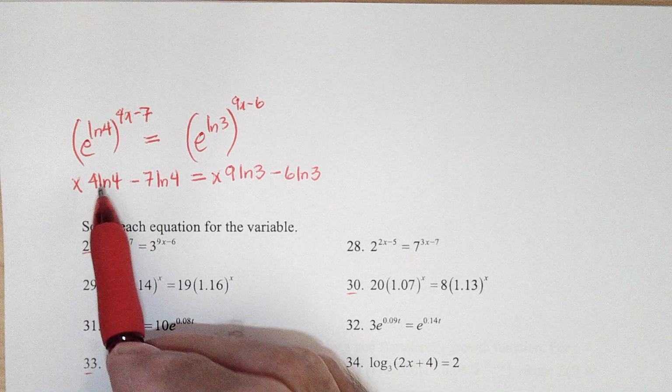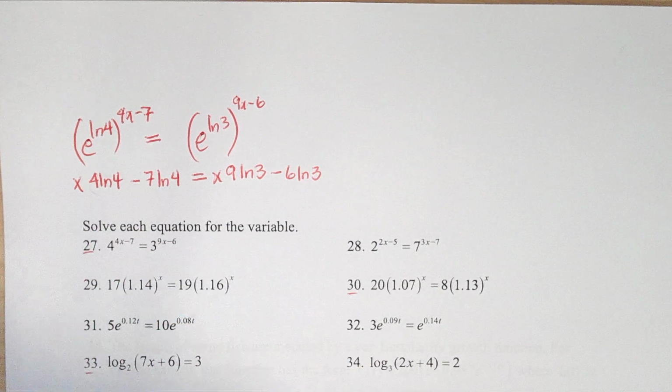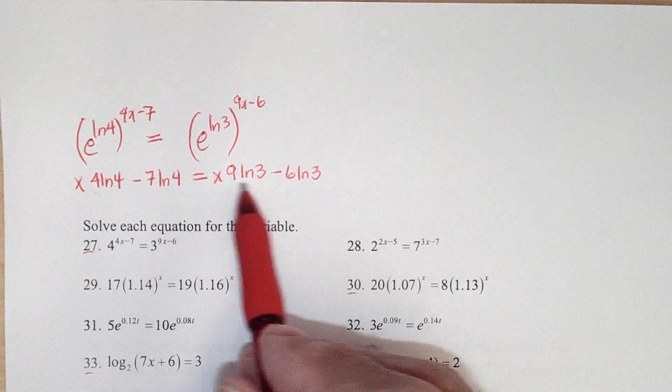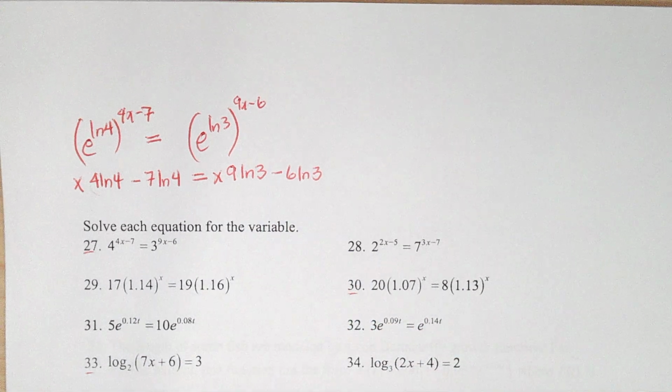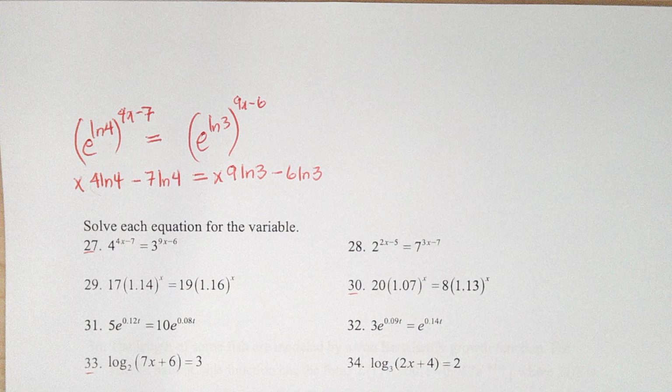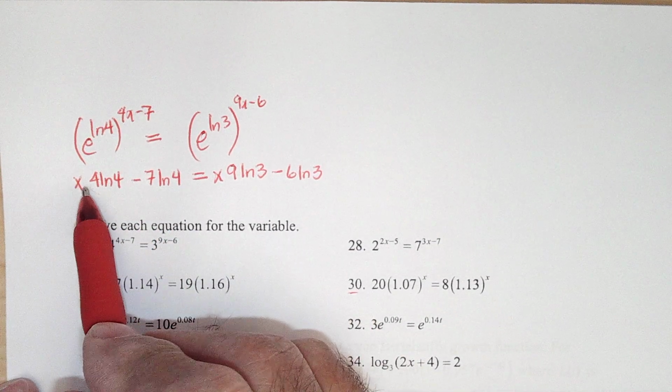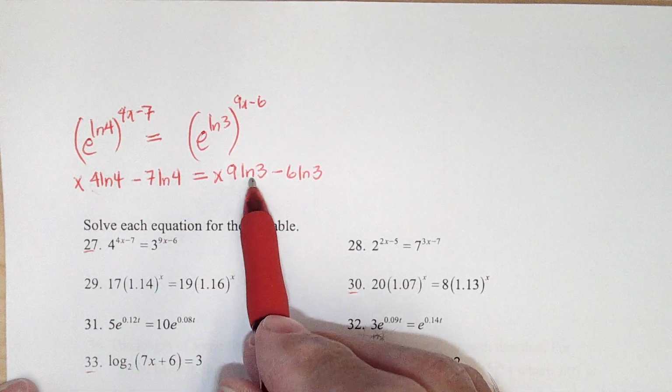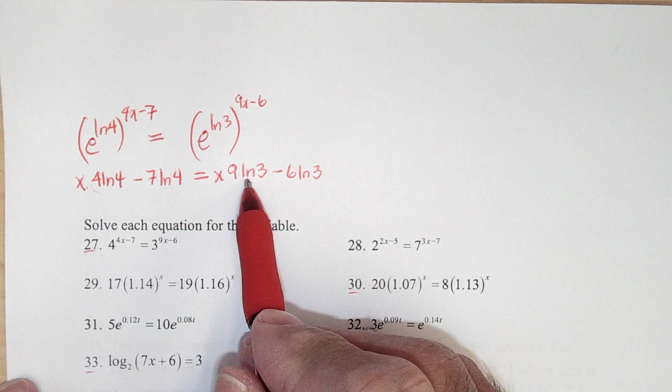Now I could figure out this number on my calculator right now, and this number, but I have to deal with messy decimals. I'm going to do something a little different. I'm going to subtract this from both sides.